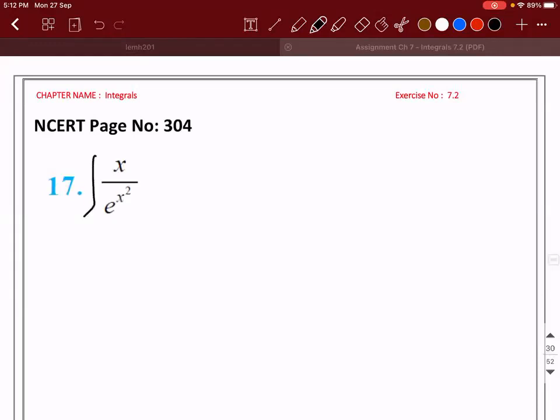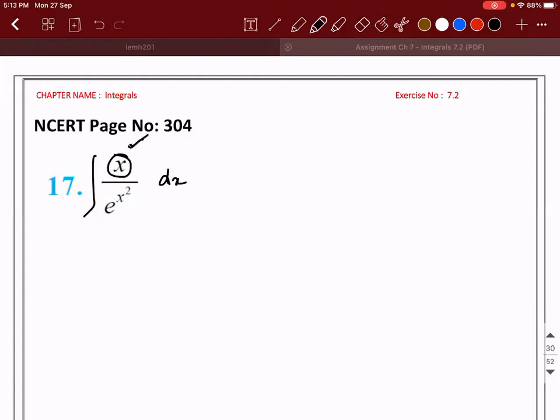This one. Tell me. Numerator, you have x dx. On integrating x dx, what will you get? See, you will get x square by 2, right?